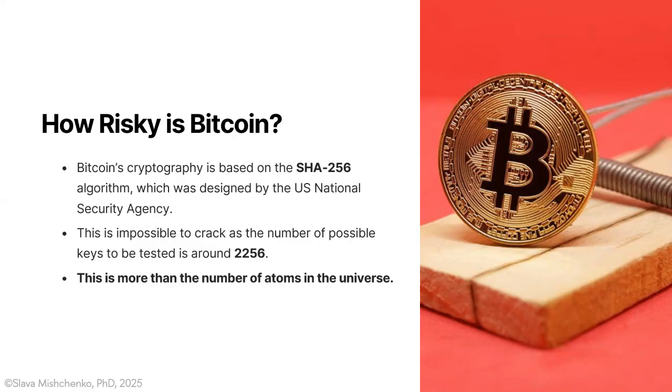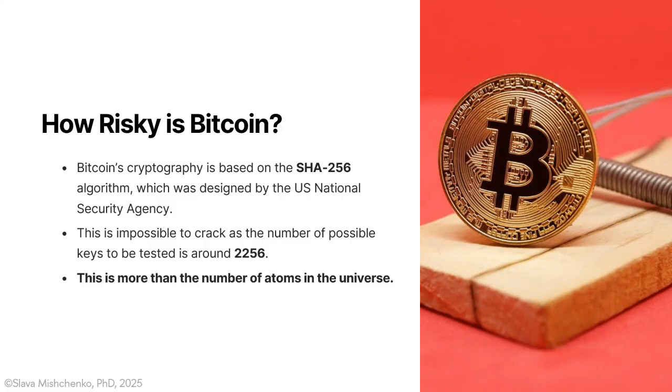To crack this encryption, you'd need to test around 2 to the power of 256 different combinations. That's such an astronomically large number that it exceeds the number of atoms in the observable universe. For example, when I tell this to students, they often struggle to grasp just how secure this makes Bitcoin.